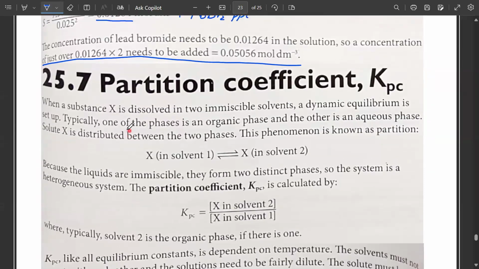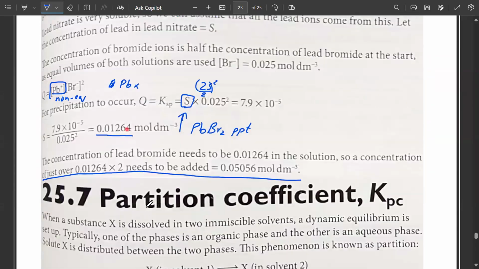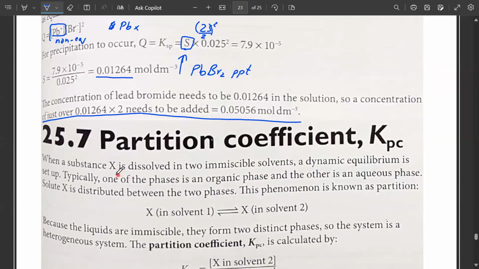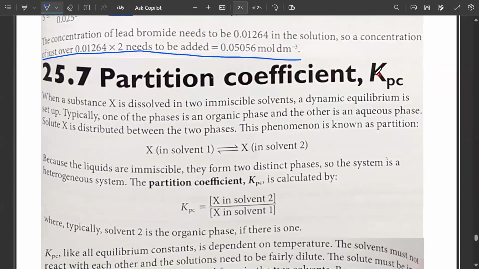All right. Now, this is our final topic of this chapter, which is the partition coefficient, Kpc. That's a comparatively easier topic than the previous one. So we understand that there are some compounds which can dissolve in more than one solvent.